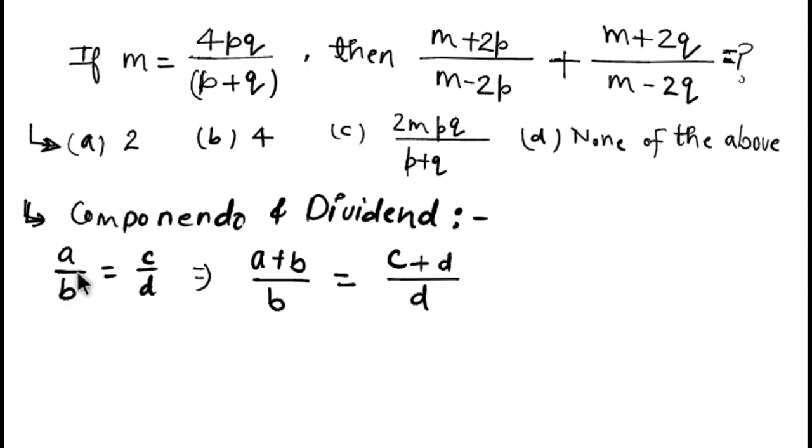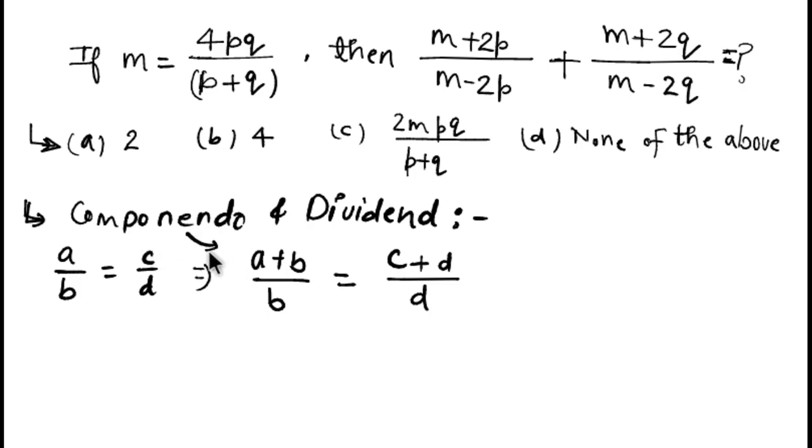So if I add the denominator to the respective numerator, these terms are again equal in magnitude. This law is called componendo.